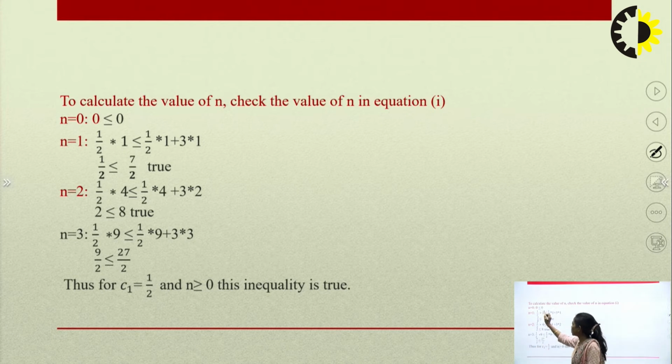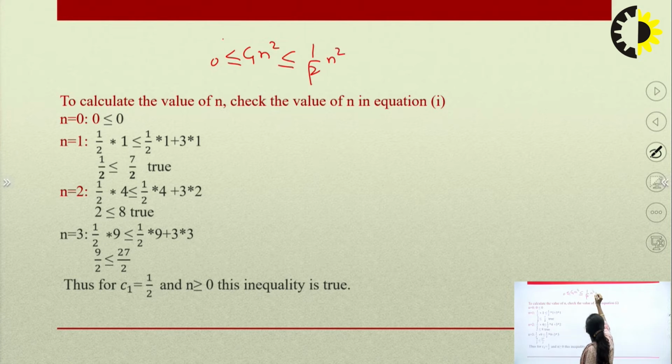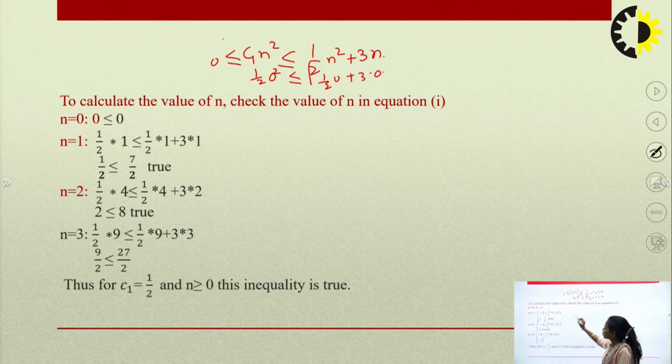For n equal to 0, the equation would be 1 by 2 times 0 square less than or equal to 1 by half 0 square plus 3 times 0. So both left and right hand side are 0. For this value it is true.